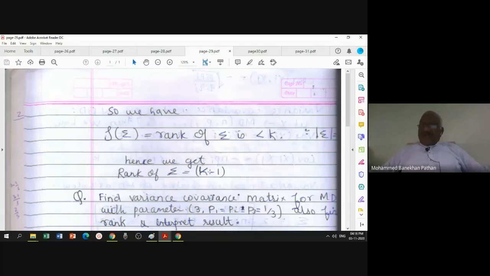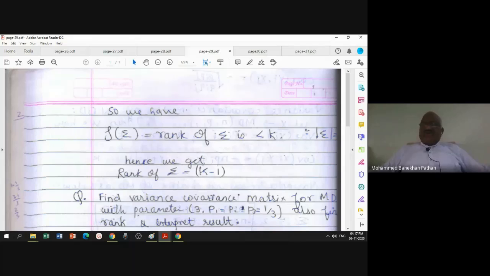And this I told in the remark of the definition of the multinomial distribution. There is a linear constraint: x1 plus x2 plus dash dash xk equals small n, and you can express any one random variable in terms of the remaining k minus 1 random variables.